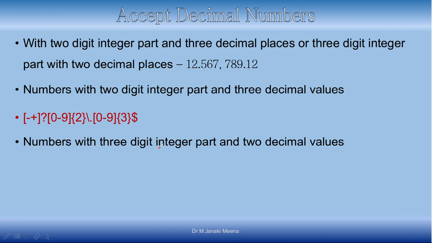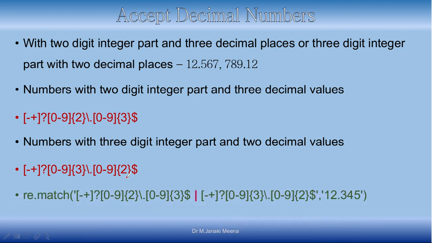So number with 3-digit integer part and 2 decimal values. So how will you write the regular expression? The same thing, optional sign is there, 0 to 9 3 times now, okay? And then a dot followed by 2 decimal places. And your regular expression should be either this or that. How to include either this or that is by using a pipeline symbol.